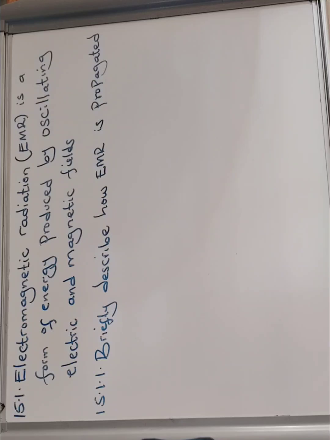When electric field varies, it produces a magnetic field which is perpendicular to it, and when the magnetic field varies, it produces an electric field which is perpendicular to it. So that's the method or the process by which electromagnetic radiation is propagated. Let us put it down.